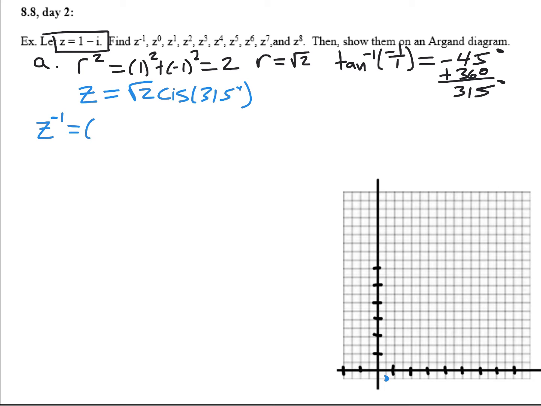Okay, so to the negative first, I would do square root 2 to the negative first power, CIS -1 times 315. Haven't seen one of those before, but I do want you to see that it's just the same thing. Whoops, so I get 1 over square root 2 when I apply the negative first power.